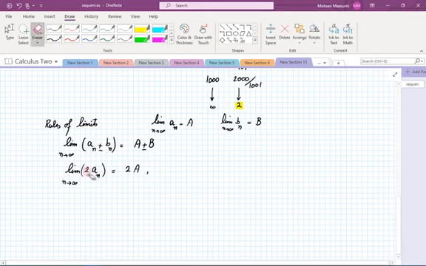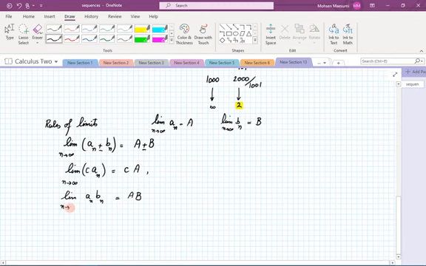So we might as well write the general term: if I have any constant c and I multiply it by terms of my sequence, my limit is going to behave that way. If I have a_n multiplied by b_n and I want to find the limit, it's simply the product of the limits.